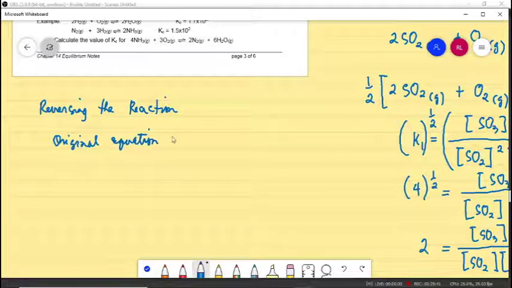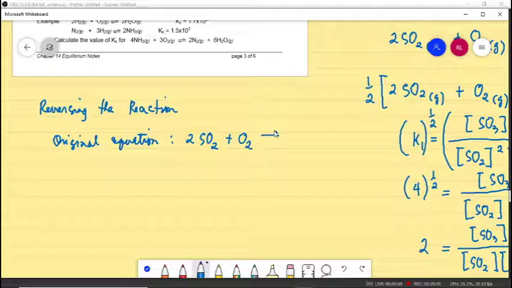You have 2 moles of sulfur dioxide plus oxygen to form 2 moles of sulfur trioxide. Now, what is the equilibrium expression for this?